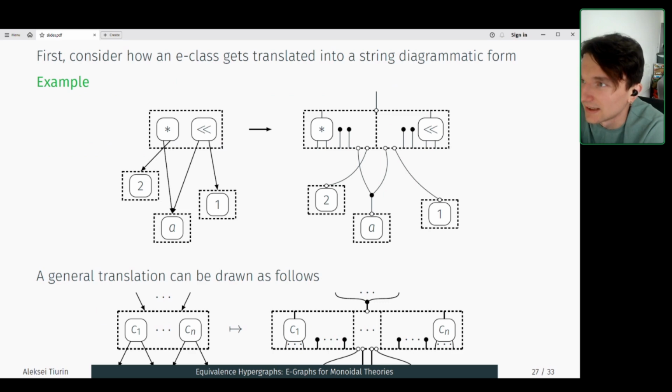So when I say that EGRAPHS are a special case, I mean that we can construct an equivalent E-hypergraph, or rather a string diagram, for any EGRAPH. And to illustrate how we can do it, just consider how an E-class gets translated into its string diagrammatic form. So on the left, we have an E-class that represents two terms, which are A times 2 and A bit shift 1.